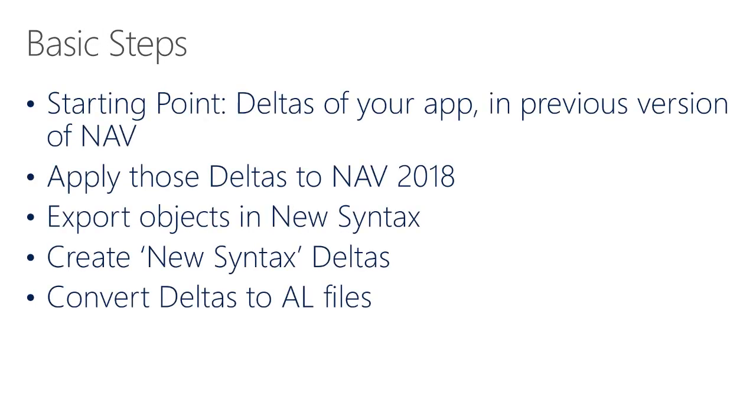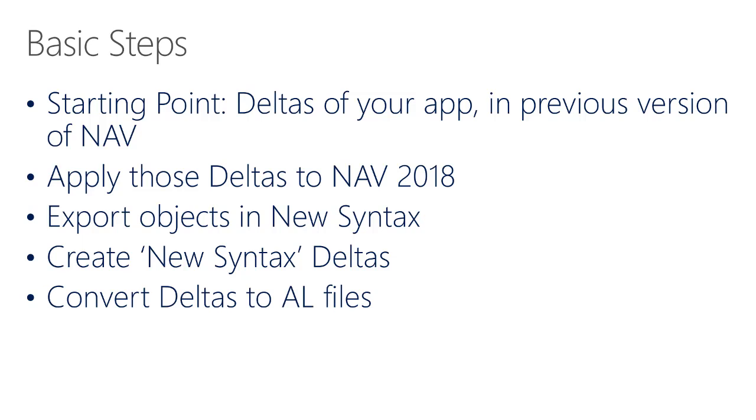Basic steps of converting CAL to AL is you have the deltas of your app in a previous version of NAV. So our starting point is you already have done this. So you have already moved all your code into an event-based architecture, and it is already possible to create these deltas of your app.